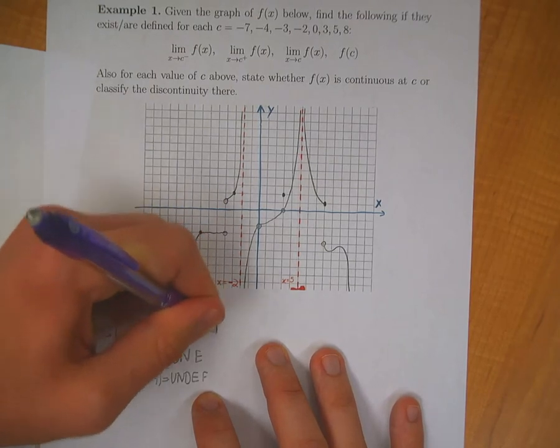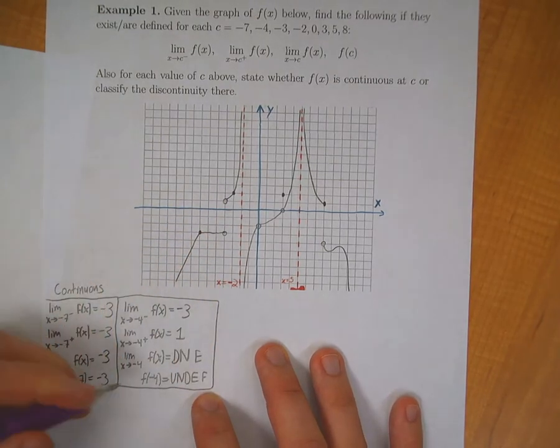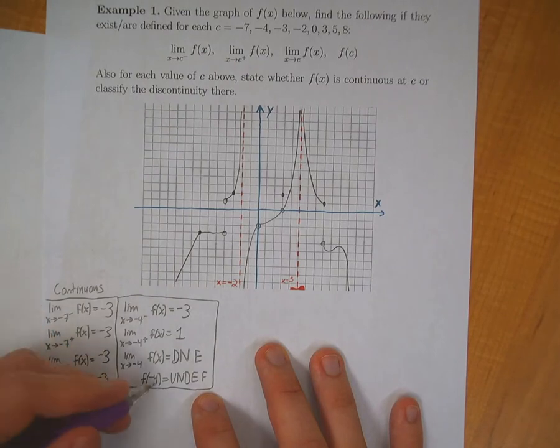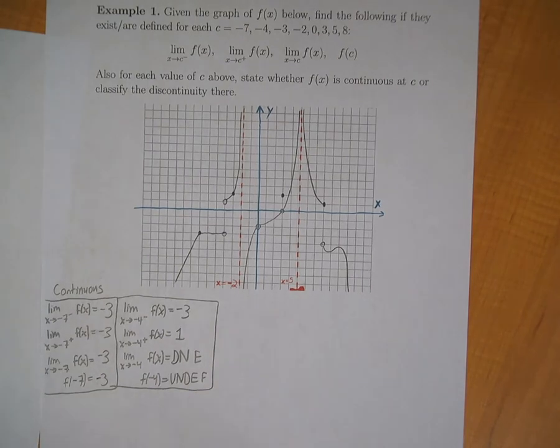So in this case, well, we definitely don't have continuity here because we don't have a function value. So let's see what kind of discontinuity we have in this. So if we take a look at what of the 3 types of discontinuities we have, which one would it be here?